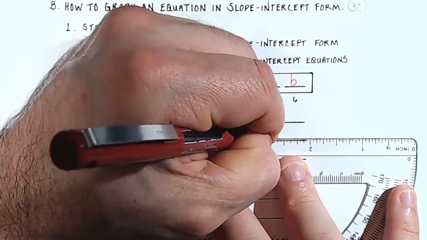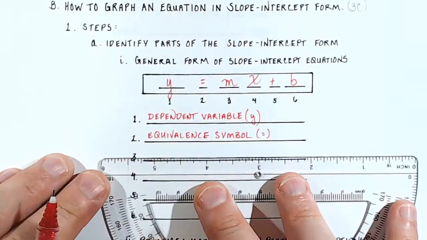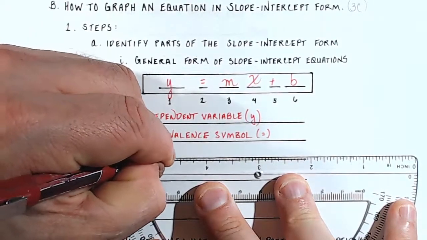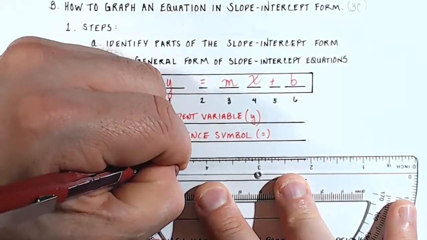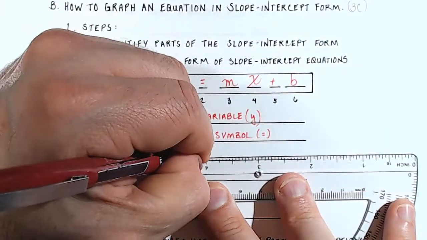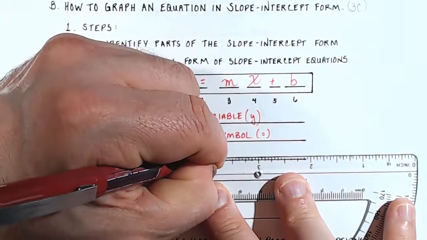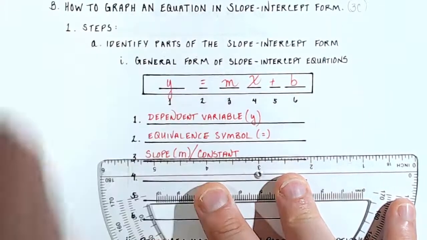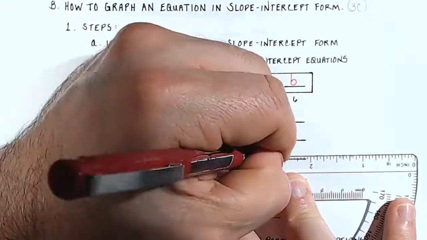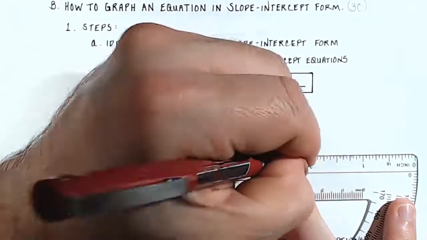And that is the equal sign. And the m, well, that's the slope. We call that m. It's also called the constant rate of change.